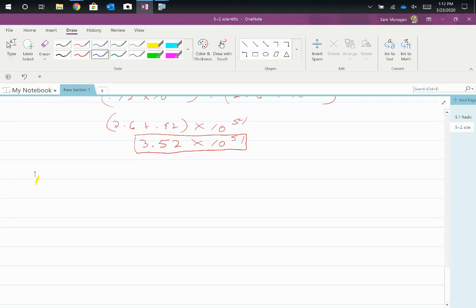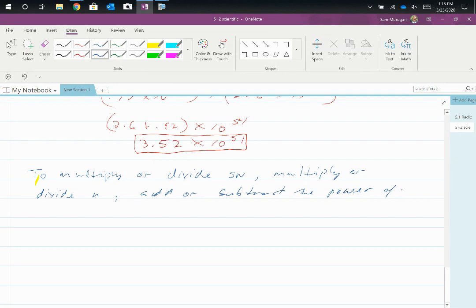To multiply or divide scientific notation, multiply or divide the numbers and add or subtract the powers of 10.